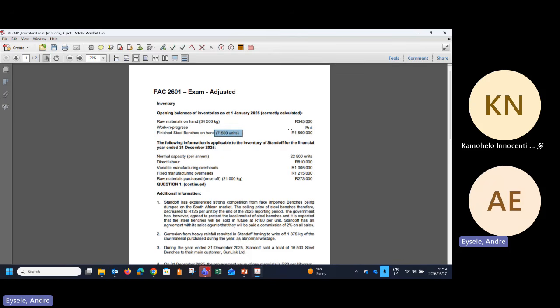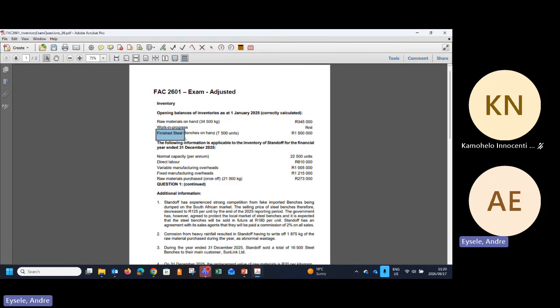Remember this 1.5 million: what does this include? It includes all your raw material items, all the conversion cost items, all the direct labor for the 7,500 units. So the value per unit is 1.5 million divided by 7,500, which gives you 200 rand per unit. That is your valuation for finished steel benches.